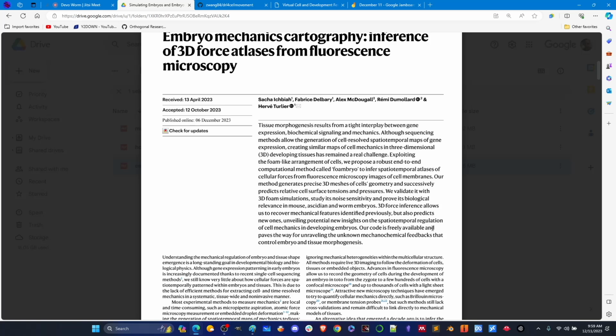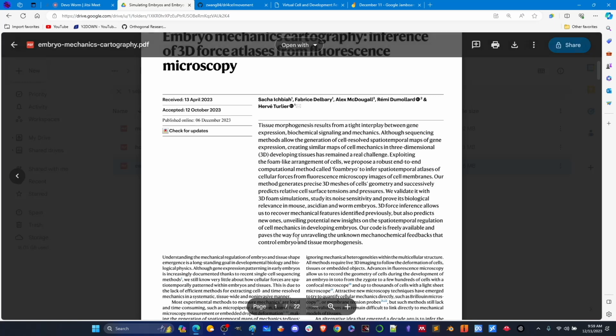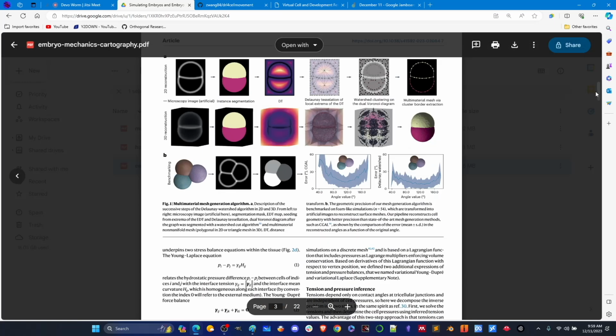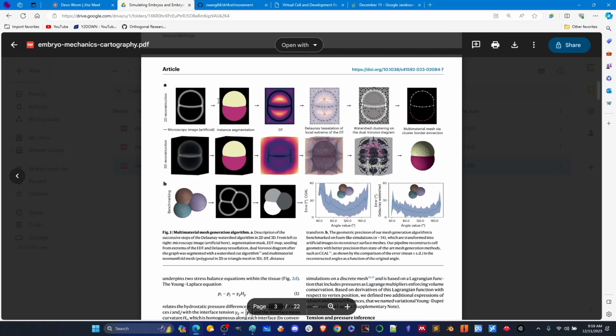Our code is freely available and paves the way for unraveling the unknown mechanochemical feedbacks that control embryo and tissue morphogenesis. So if you look at this, this is the multi-material mesh generation algorithm.